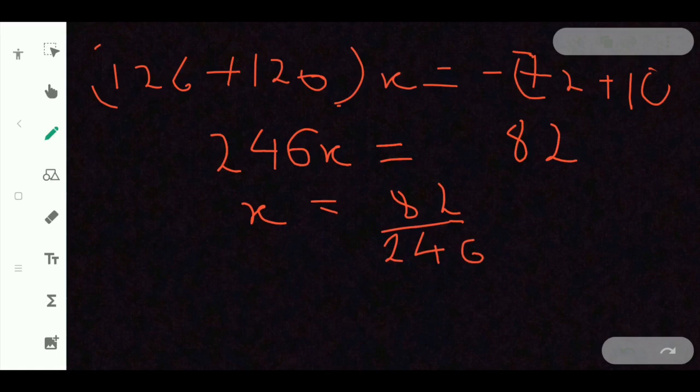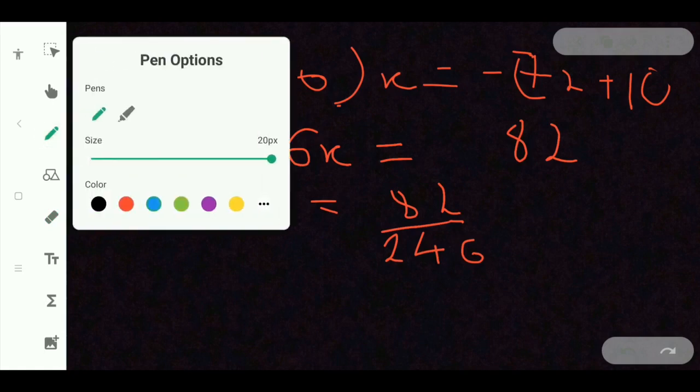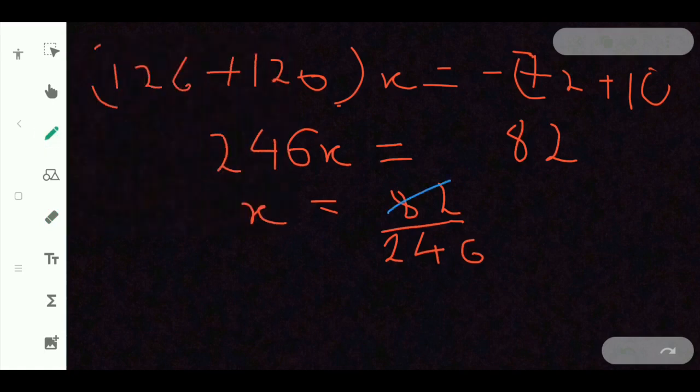So let's see how many times 82 is going with 246. So let us try 82 into 3. So it is cancelling. 82 threes are 246.